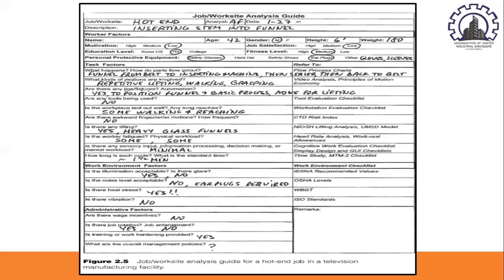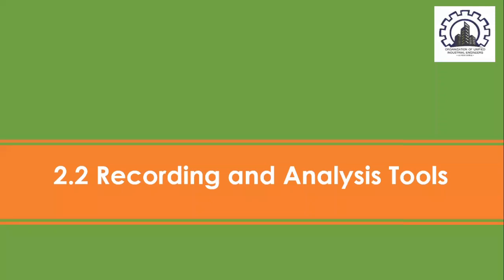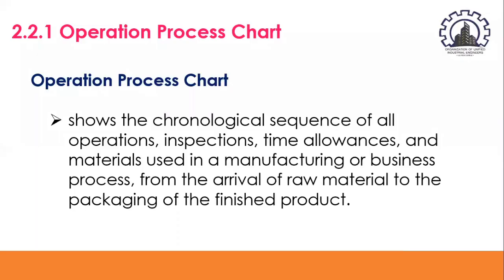So the next key area that we're going to be discussing right now would be the recording and analysis tools. We will discuss all the recording and analysis tools, starting with the operation process chart. Now, what is meant by operation process chart? The operation process chart shows the chronological sequence of all operations, inspections, time allowances, and materials used in a manufacturing or business process, from the arrival of raw material to the packaging of the finished product.